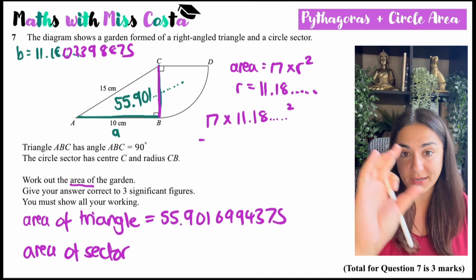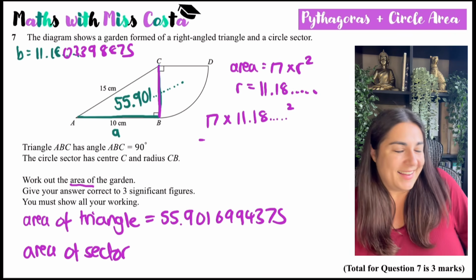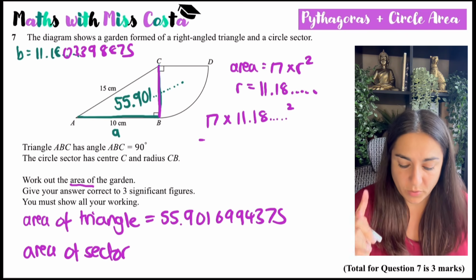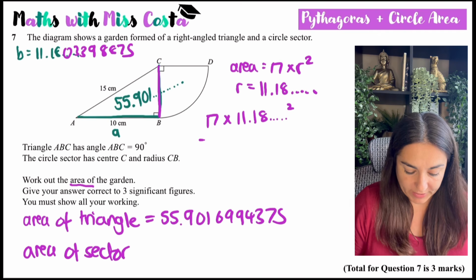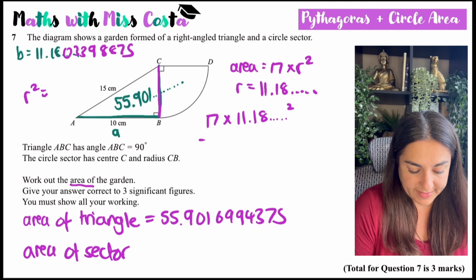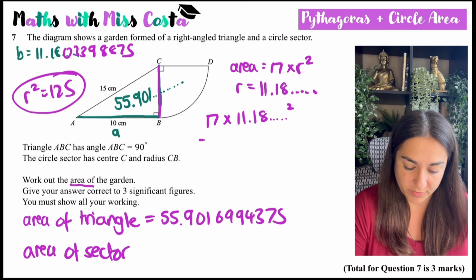That would give me the area of a full circle, but it's a quarter circle, so I'm going to divide it by 4. Another thing you could have done is we know that CB squared, or the radius squared, is 125, so you could have used that if you couldn't be bothered to write it out.